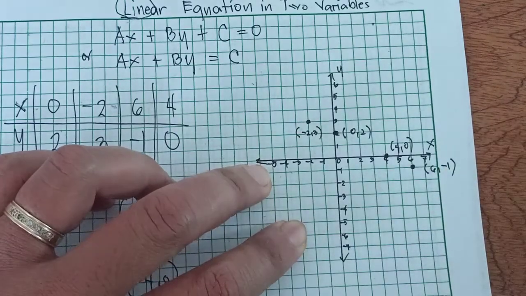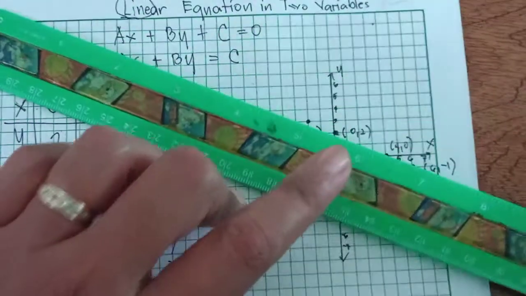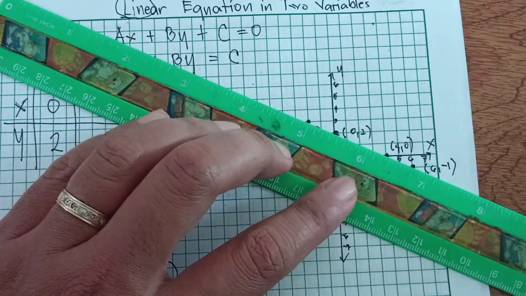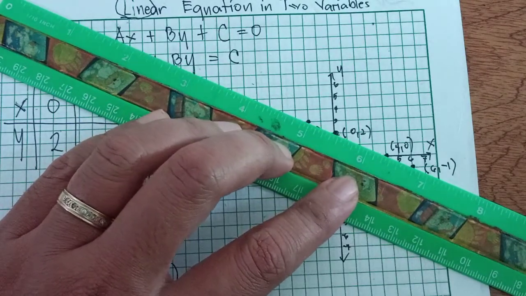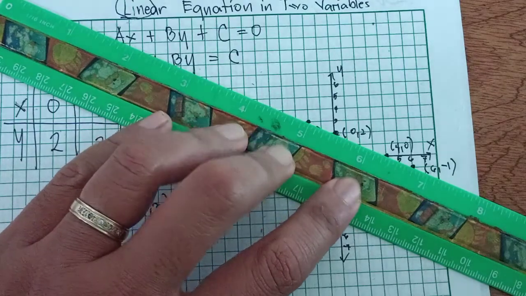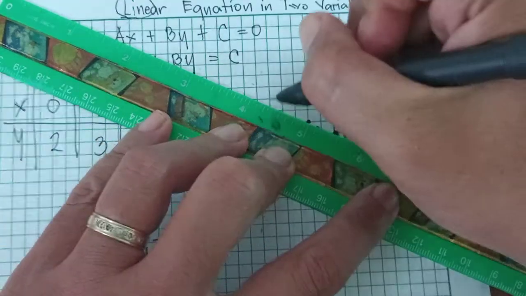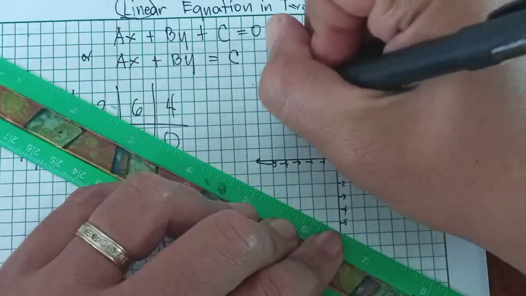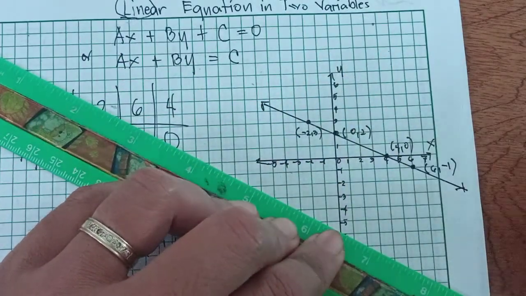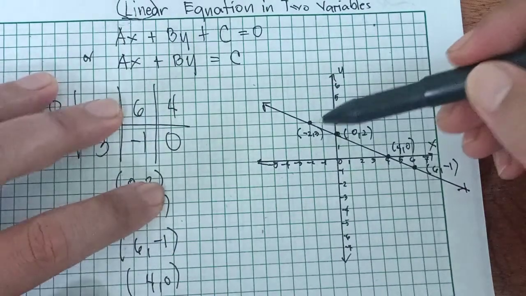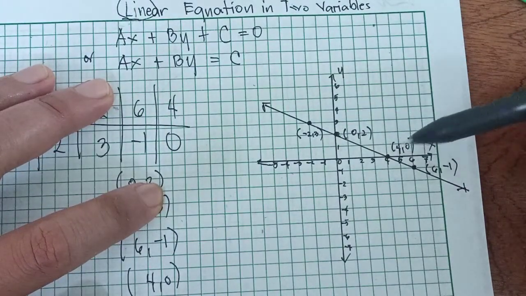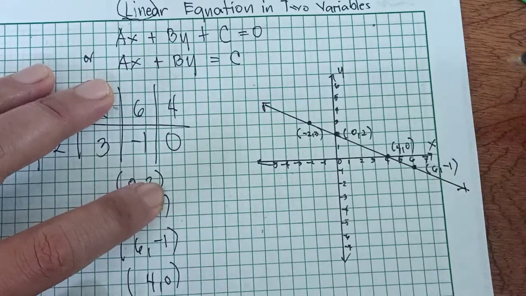If it forms a straight line, we can say that those points are solutions of our equation. We can see that it is connected into a straight line. See? Okay? So, our first point is negative 2, 3. The second point is 0, 2. The third is 4, 0. And the last is 6, negative 1.